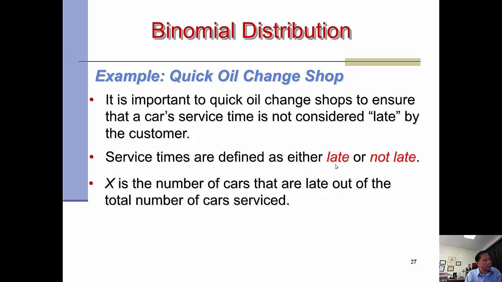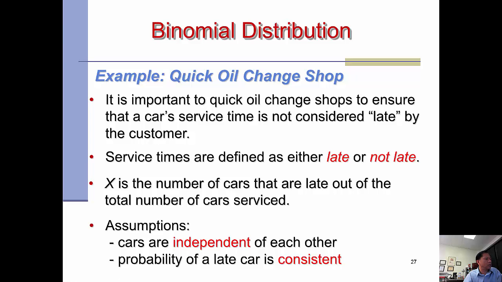The service times are defined as either late or not late. If X is the number of cars that are late out of the total number of cars serviced, we can assume that the cars are independent of each other. It's not that they're going to keep specific cars longer than others. They're not dependent on each other, and the probability of a late car is consistent.